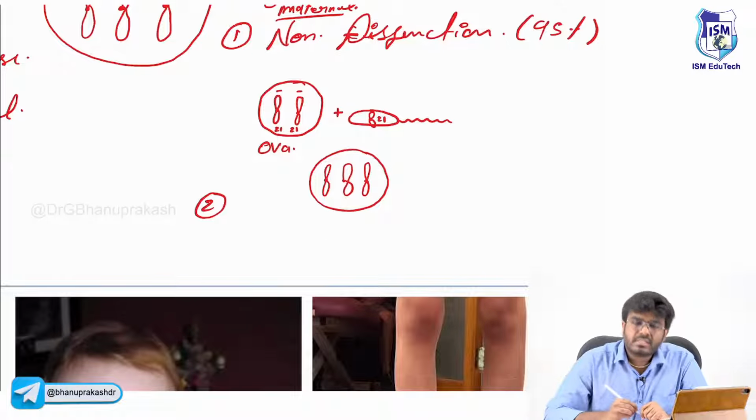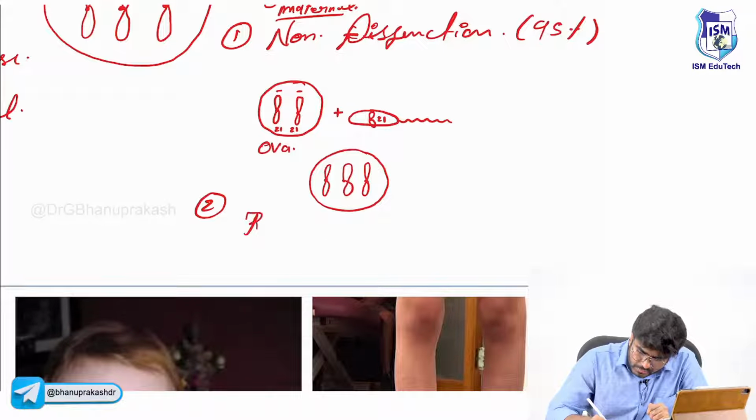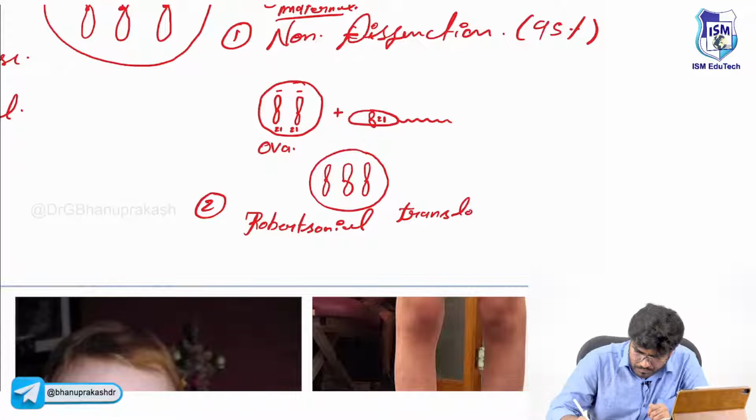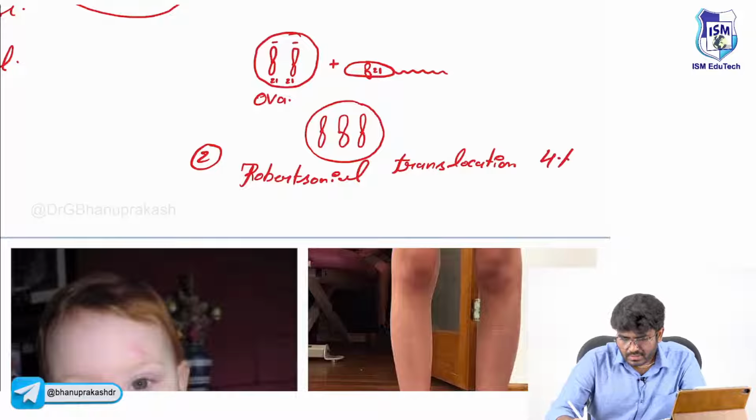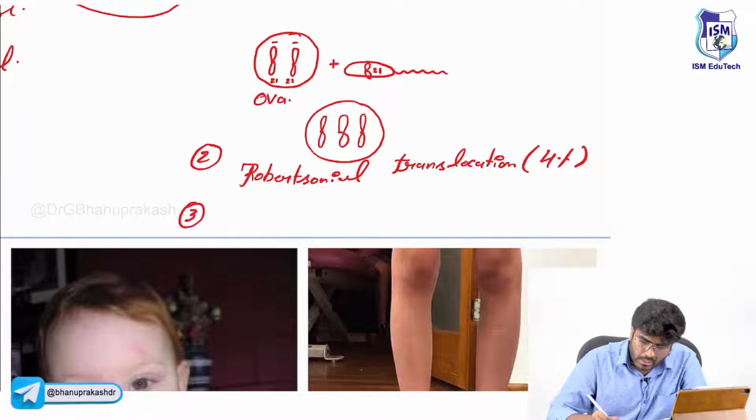Other causes include Robertsonian translocation, which accounts for 4% of the cases, or mitotic non-disjunction.